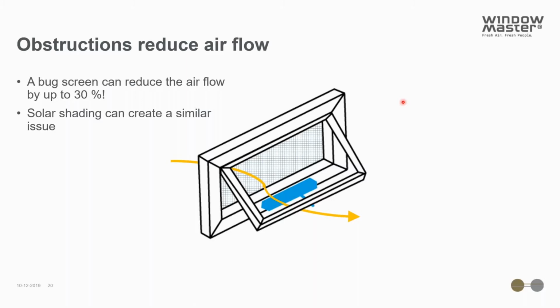So this is something that needs to be taken into account early on. And the same thing goes with solar shading. If it's a very dense type of solar shading, it can really block the airflow going in through the window. So it's very important to consider when finding the right amount of free area in a project.